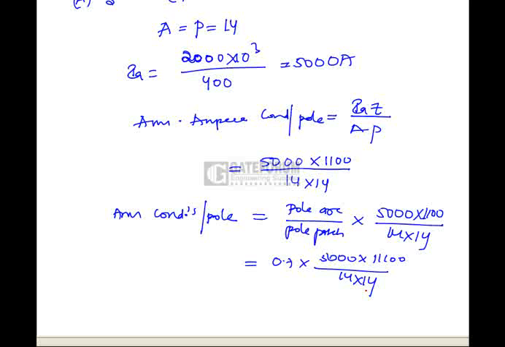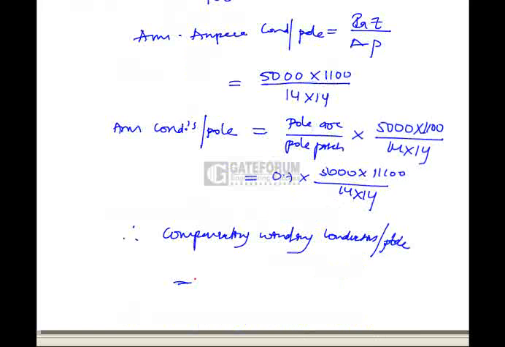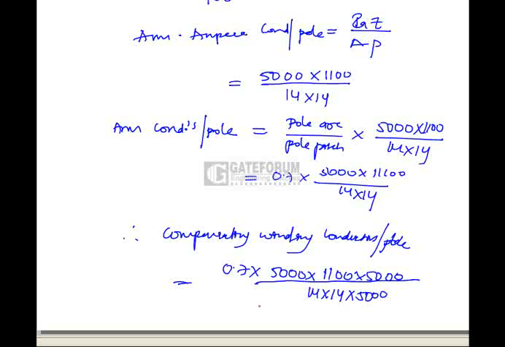Now the compensating winding carries the entire armature current of 5000 amperes. What does it mean? The compensating winding conductors per pole is equal to 0.7 into 5000 into 1100, where the total current is 5000, divided by 14 into 14 into 5000.